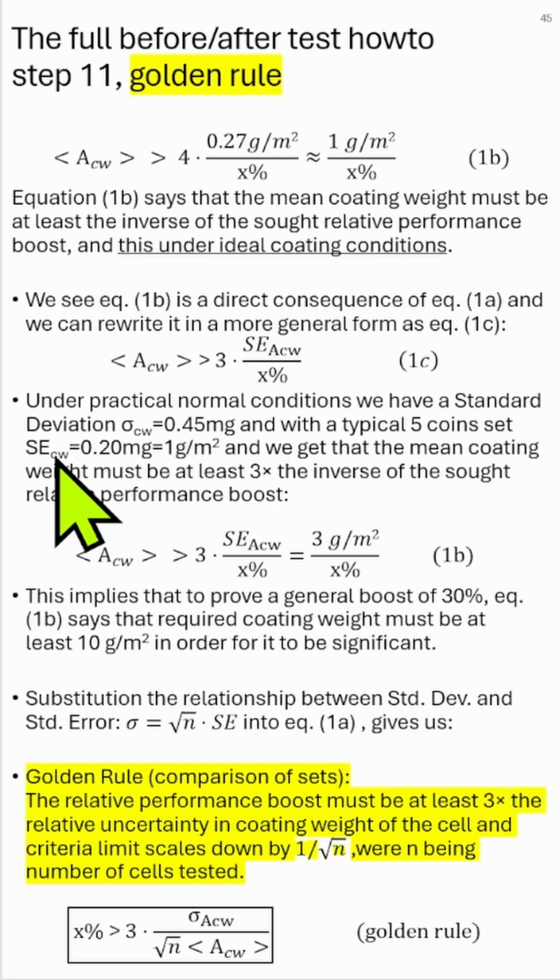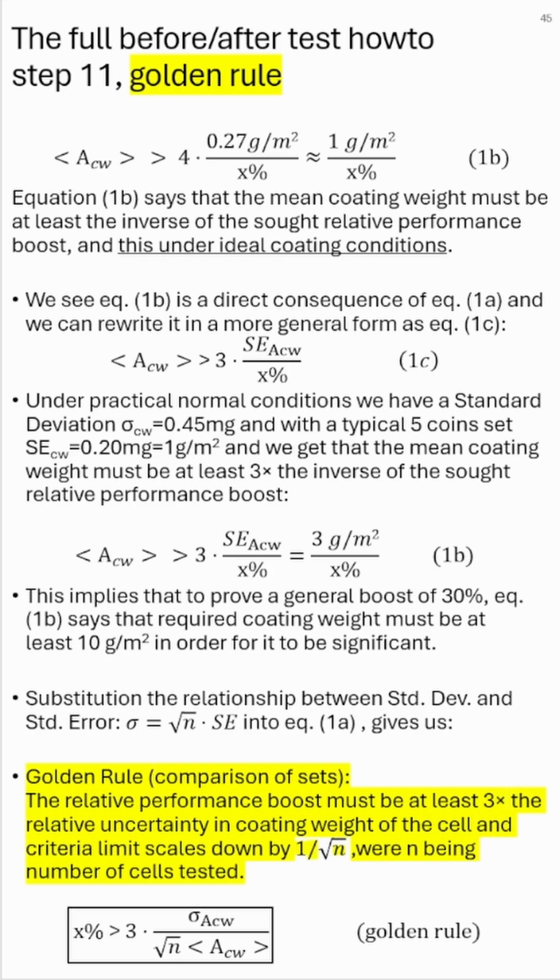But since the standard error under normal condition is about 1 gram per square meter, then we get this rule 1b that says that the coating weight must be larger than 3 times the inverse of the boost percentage. So instead of having 10 grams, we can prove a boost of 10%. We must actually have a 30% boost if we have 10 grams of coating weight per square meter.